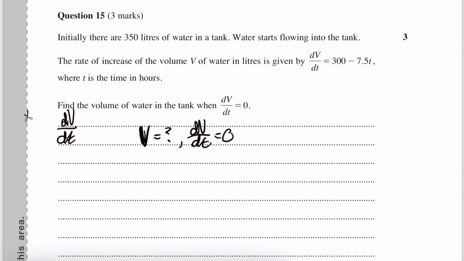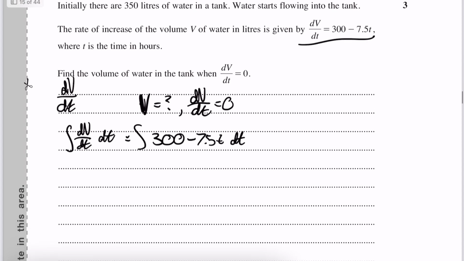Now, what you should recognize is that you need to go from dV/dt to get a formula for V, okay? And how you do that is through integration. So if I integrate dV/dt with respect to t, that's going to be equal to the integral of 300 minus 7.5t with respect to time, and that's indicated there.